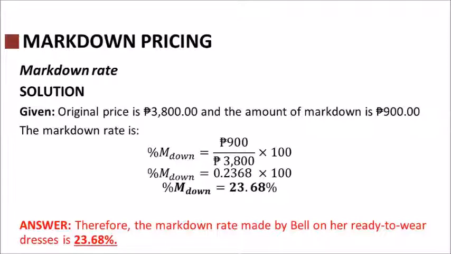Since the amount of markdown is already identified, you can now directly use the formula to calculate the markdown rate. You simply divide the 900 pesos, the amount of markdown, by the 3,800 pesos, your original price. Then you get 0.2368. In order to get its percentage value, you multiply it by 100. And now you have the markdown rate, which is 23.68%.